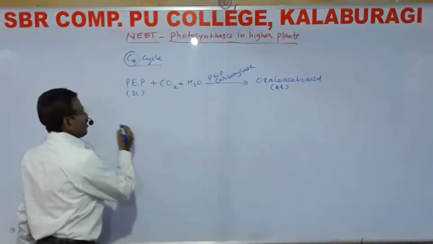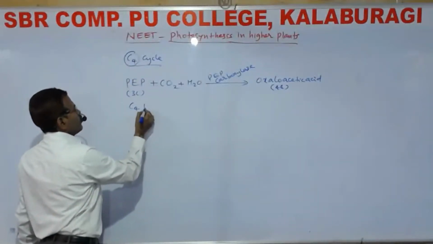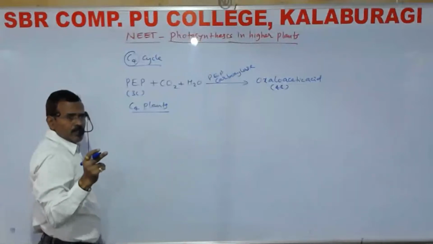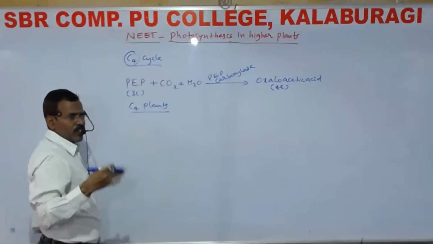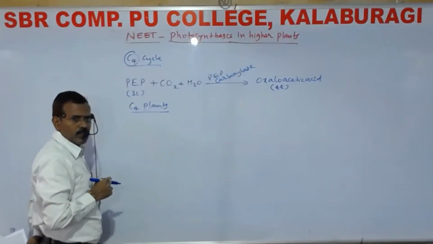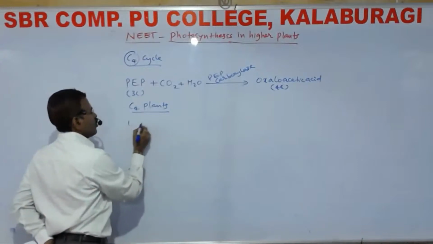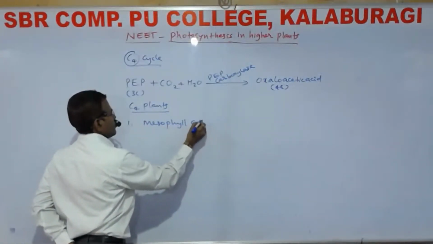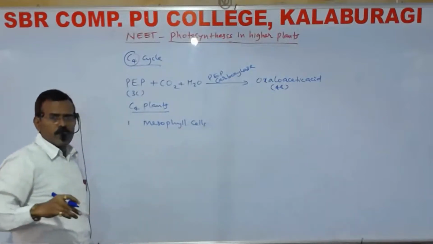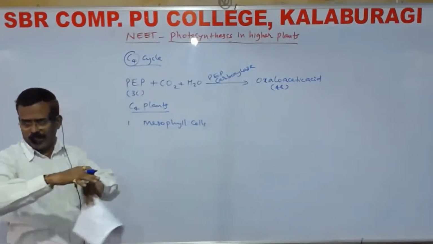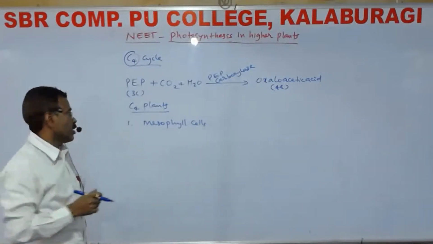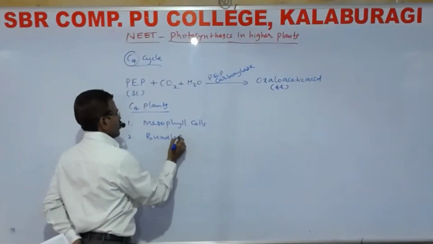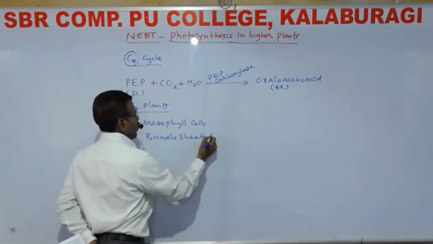See, in the case of C4 plants, there are two types of cells in which carboxylation occurs. One is mesophyll cells, which are outside the vascular bundle. Then another one is bundle sheath cells.